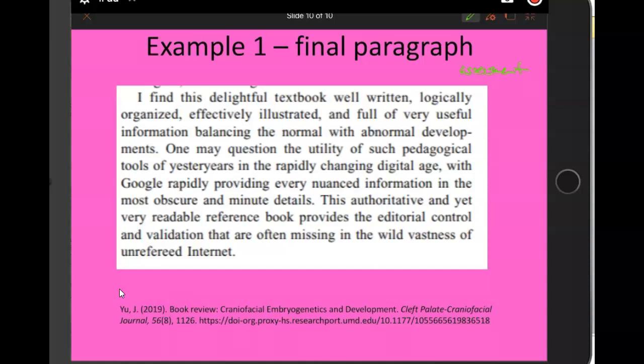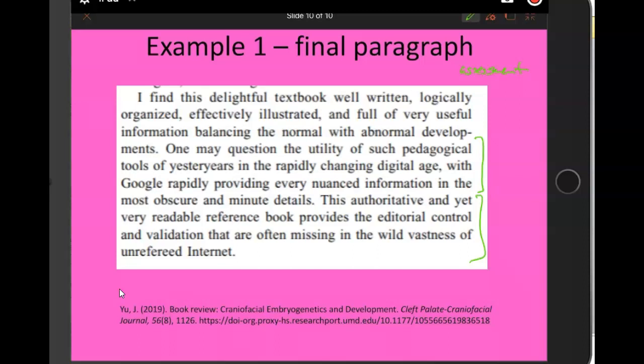One may question the utility, so there is a critique, but then this authoritative reference book provides editorial control and validation that are often missing in the wild vastness of unrefereed internet. So again, 3 short sentences, quick assessment, short book review, does the trick.